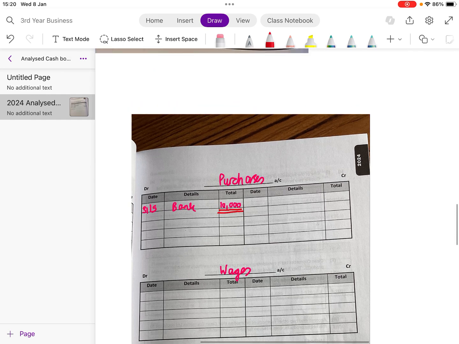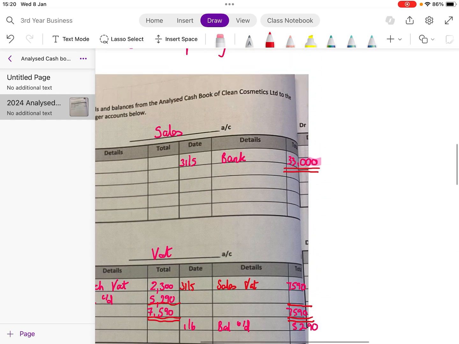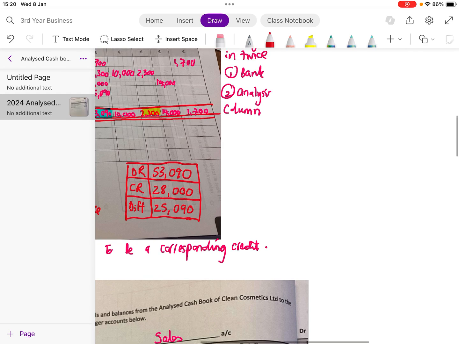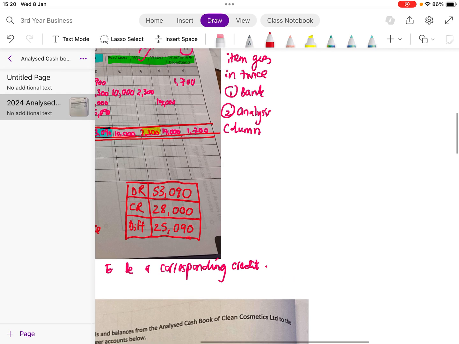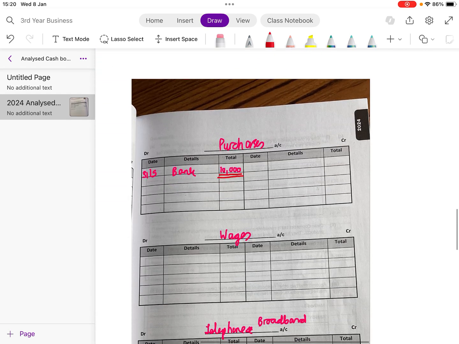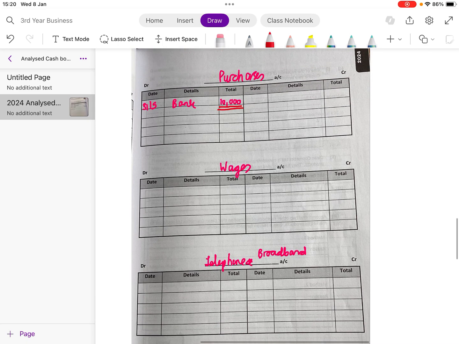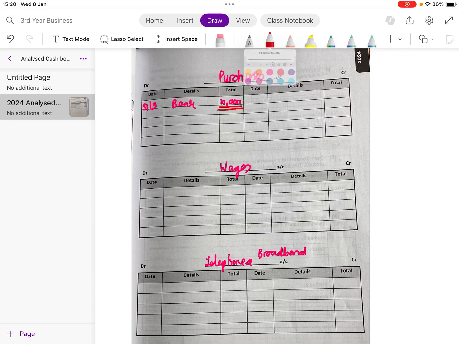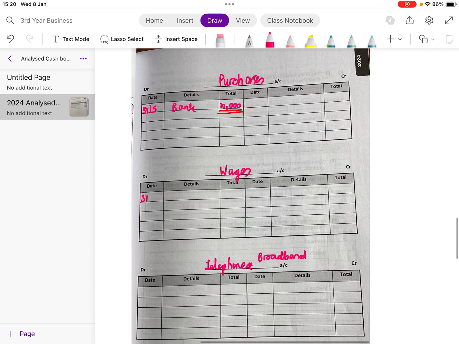Then I've got my wages of 14,000. It's on the credit side of my Analysed Cash Book. So it is going on the debit side of my general ledger. So I have €14,000 here.